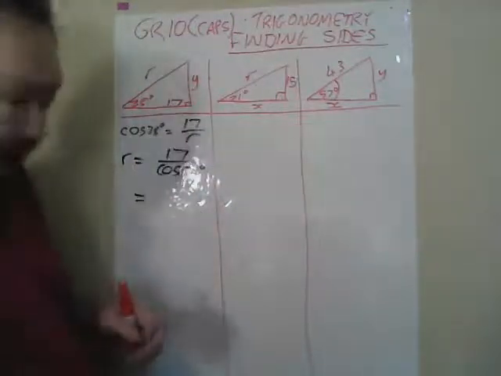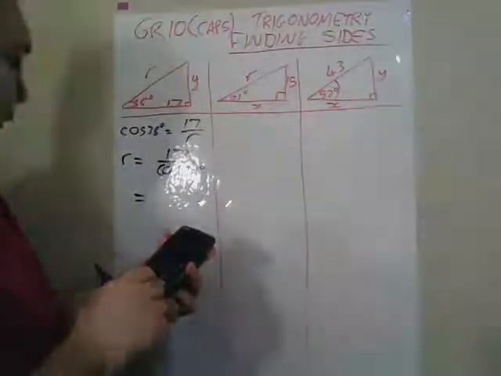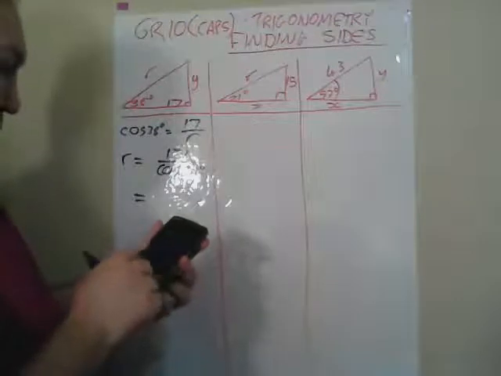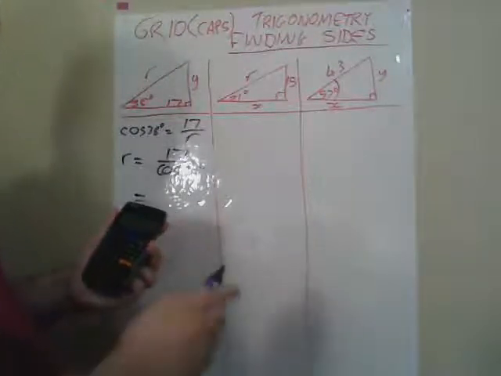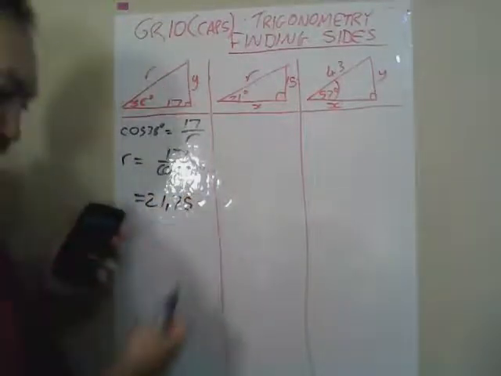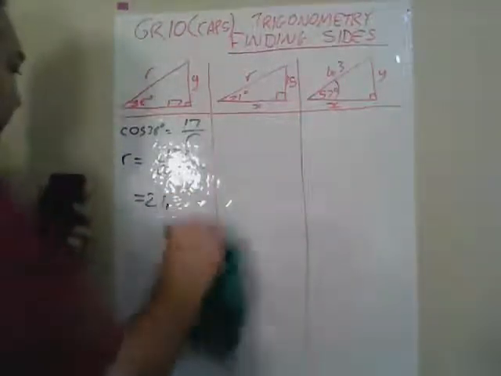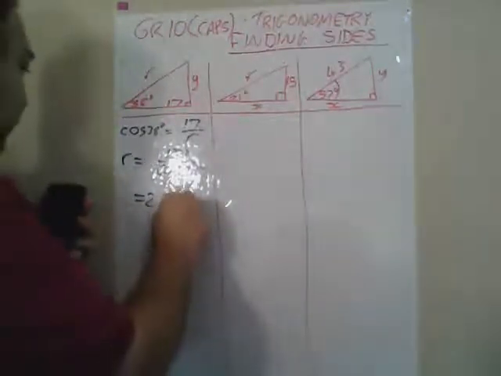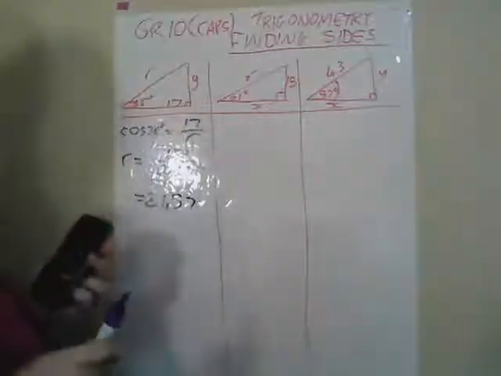We can easily calculate that as 17 divided by cos 38, which is 21,57 units.